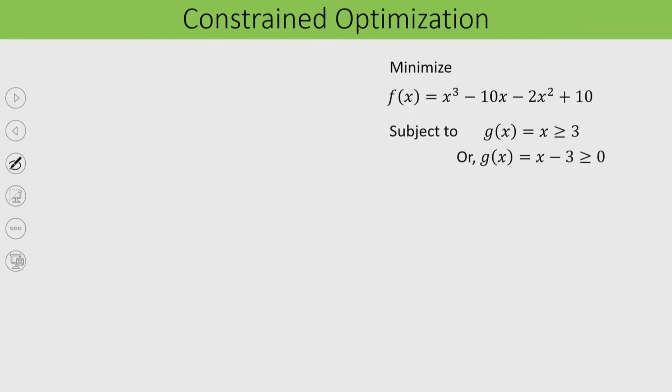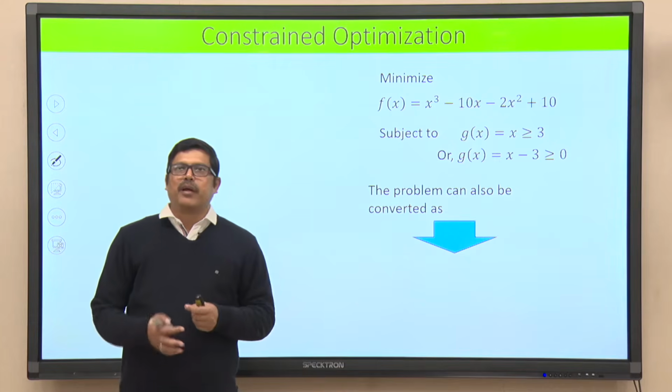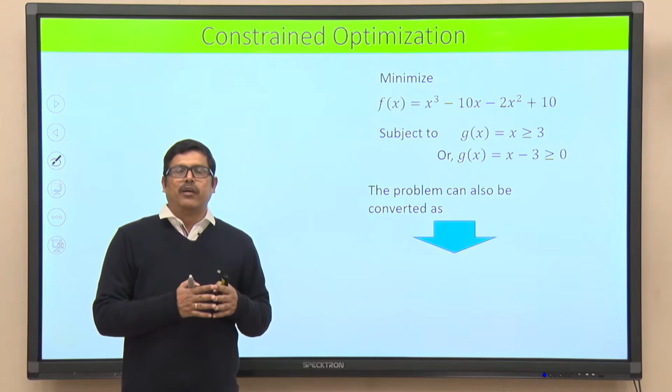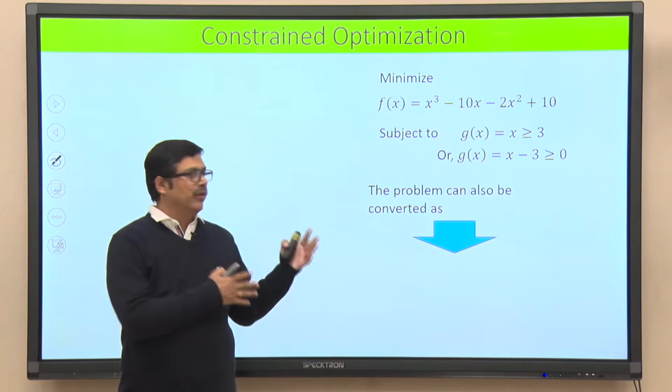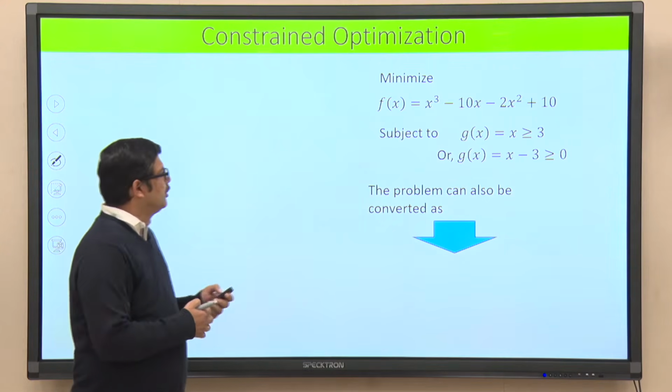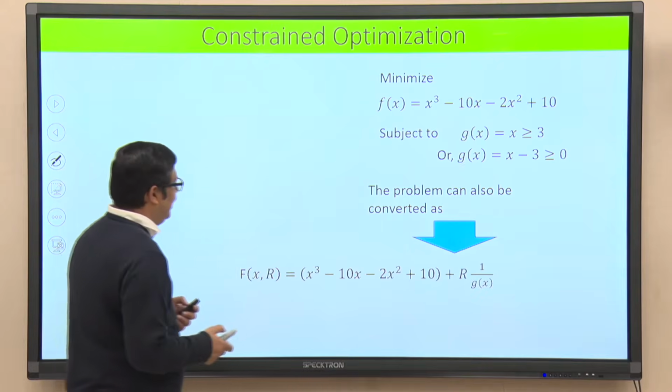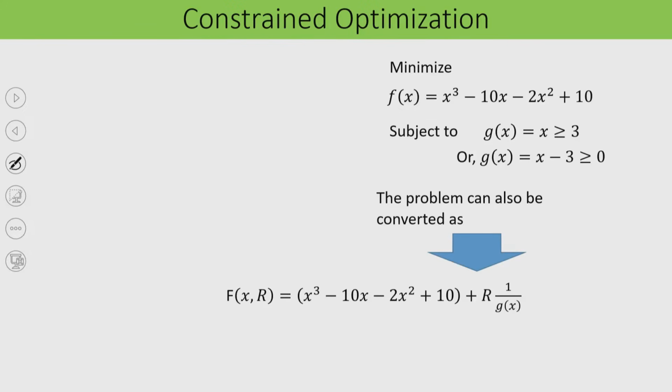Now, let us look at another way of doing this. What we can do basically, in place of penalizing the solution in the infeasible region, is also penalize the solution in the feasible region. Let us see this procedure. What I can do basically, in place of this bracket operator, is use 1 by Gx.